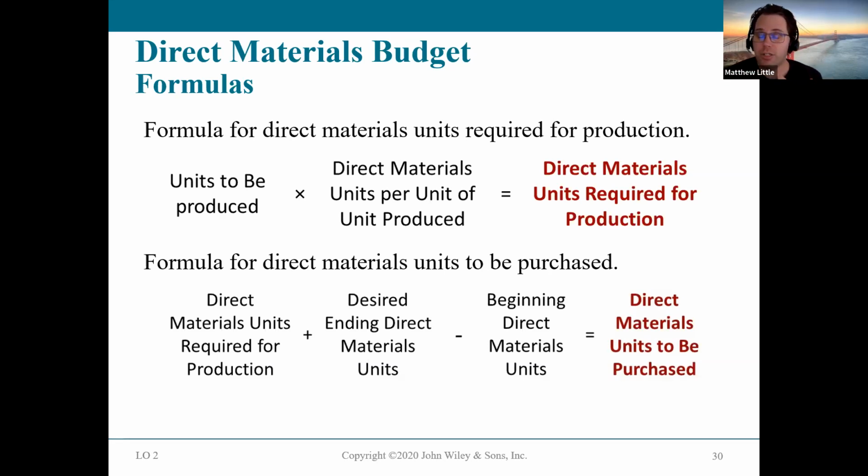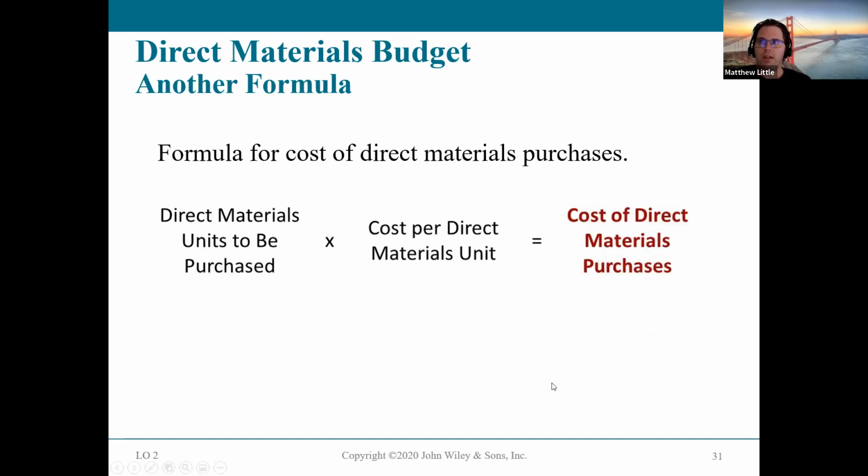And similarly, just like production of sale units, you might have a desired ending direct material units. Like you always want to keep that stock available so you can keep producing and never run out. Once you've created that one, that'll determine the direct material units to be purchased times the cost per direct material unit will equal the cost of direct materials purchased.